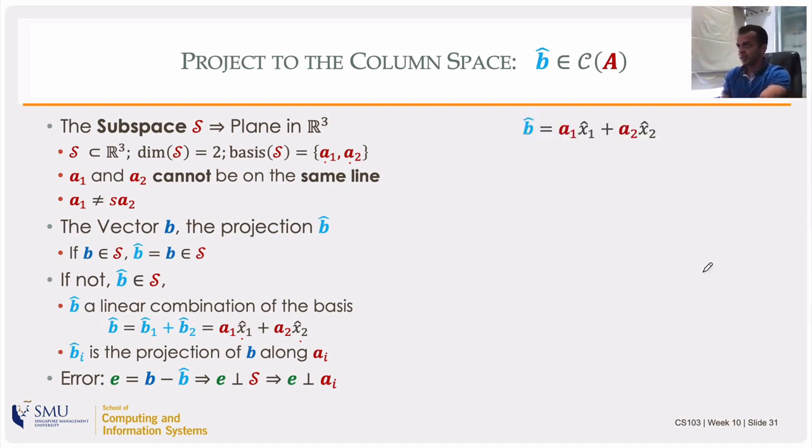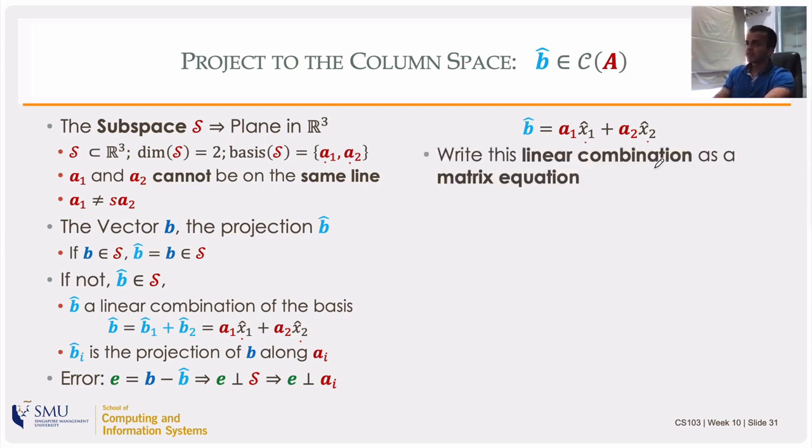So again, b hat is a linear combination of a1 and a2, with x1 hat and x2 hat as the scalars. And if you were to write that as a matrix equation, and if you put a1 and a2 as the columns of a matrix A, and x1 hat and x2 hat as a vector x hat, then you get our favorite equation, b hat is equal to A x hat.